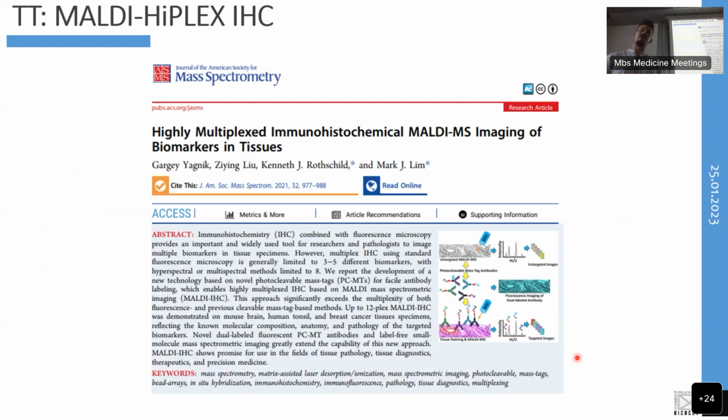Then another particular novelty, which has come out in the area recently, is the use of photocleavable mass tags, which have been attached to antibodies. And these can actually be dual-labeled antibodies, which means that you can apply a mass tag and a fluorophore to the same antibody. And you can analyze up to 25 tagged antibodies within a single analysis. So there's no need for multiple stripping, but all within a single analysis.